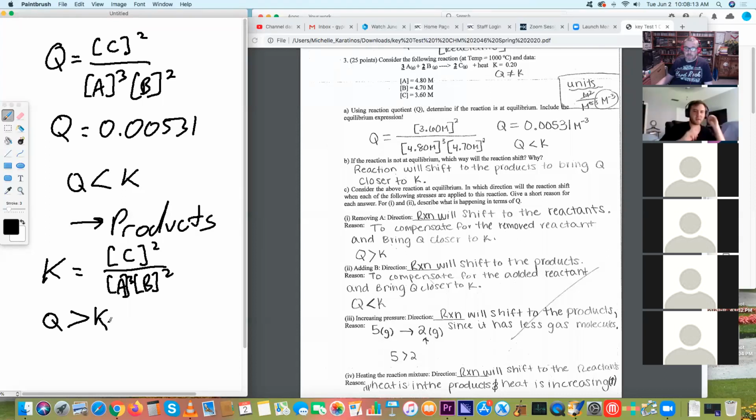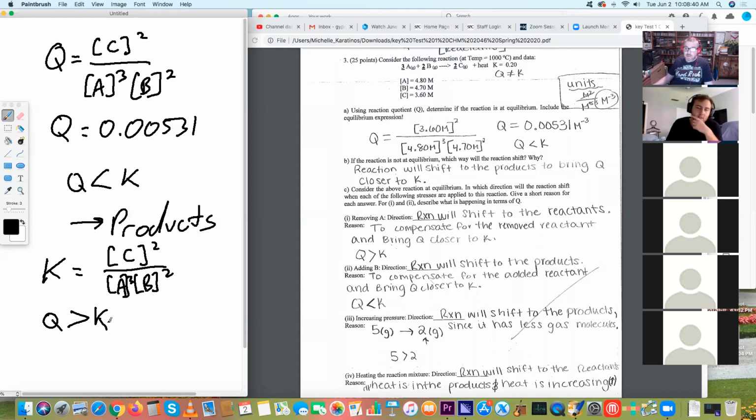So whenever we're dealing with Q, that's the initial, and then K is equilibrium, right? Well, in this case, we're actually starting at equilibrium, and then by removing A, we take it out of equilibrium, and we can figure out what Q is relative to what K was. Is that fair enough? You have to start at K though.